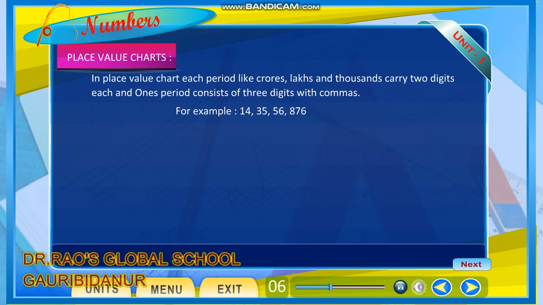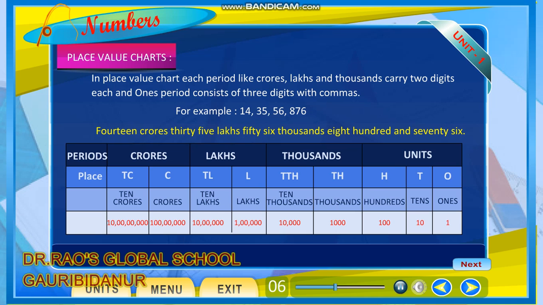For example, 14,35,56,876: 14 crores, 35 lakhs, 56,876.